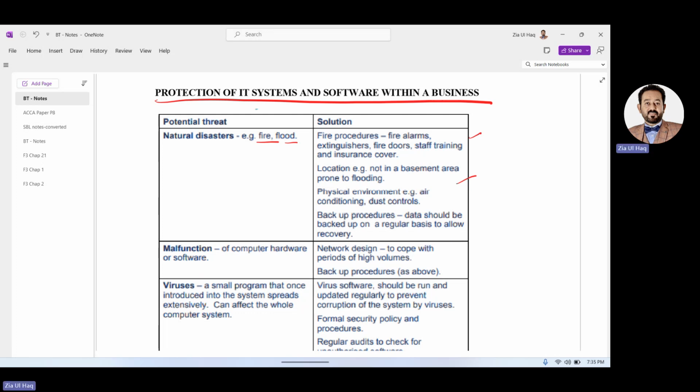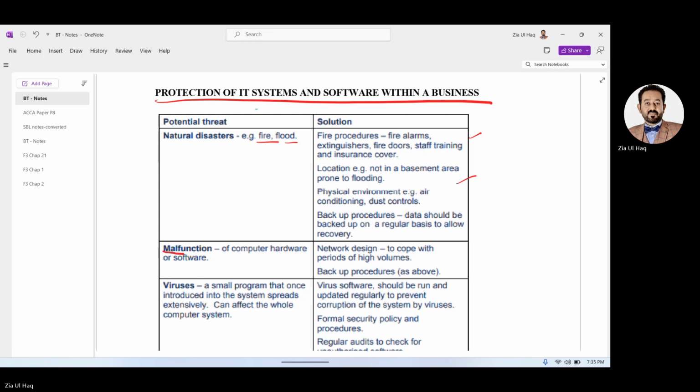And those backups should not be kept in your office. You need to take those backup hard drives to your home while leaving the office. So that if the next day your system is destroyed through fire or flood, you can recover the backup data from the hard drive that you have taken home.